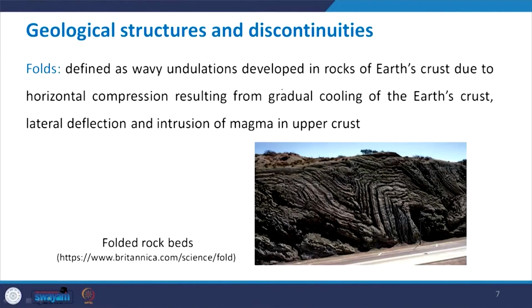Coming to the next geological structure, that is fold. This fold is defined as the wavy undulations which are developed in rocks of Earth's crust due to the horizontal compression, which may result from the gradual cooling of the Earth's crust, lateral deflection, and intrusion of magma in the upper crust.